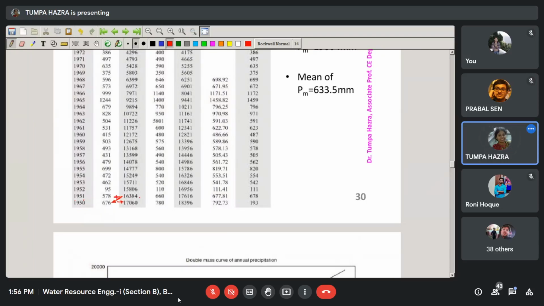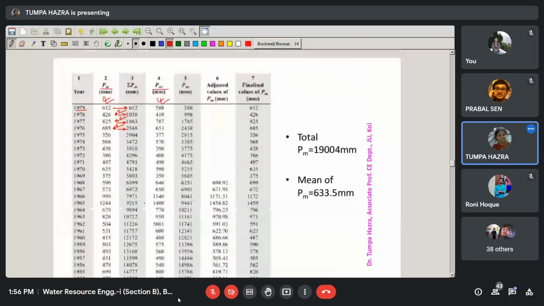So in this way you have to determine the accumulated precipitation of station M for different years, and for the neighboring stations also.